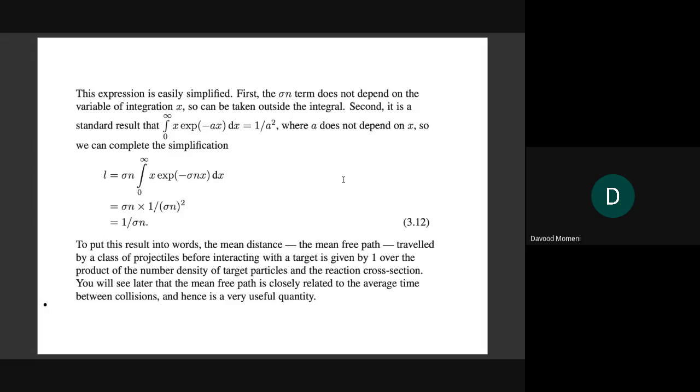So finally, the mean free path of the particles for a target with cross section sigma and number density of the target particles n is given by 1 over sigma n.